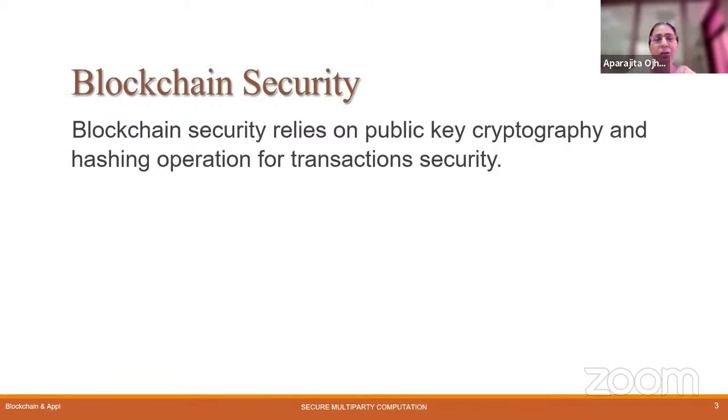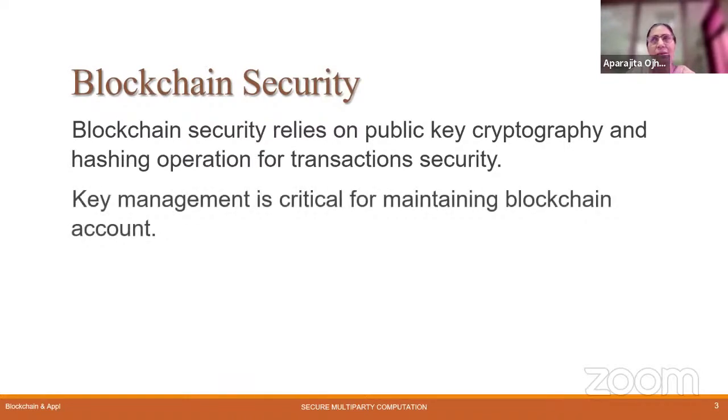And you are encrypting the message using your private key, right? There are also some hash operations performed, and we have had excellent lectures on these. So basically, public key cryptography plays an important role.